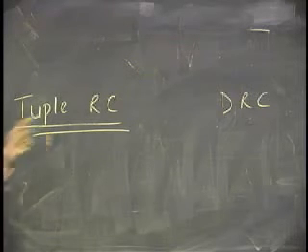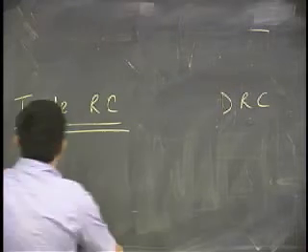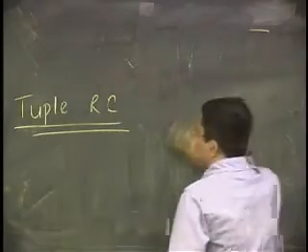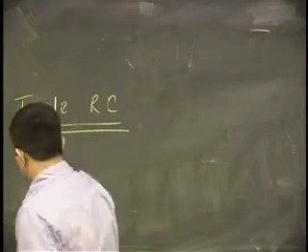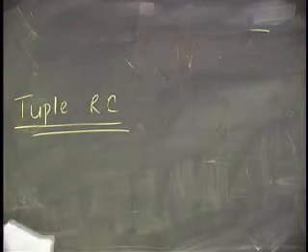Okay, so that was your question, right? Okay, so let us look at tuple relational calculus, and in this also, let me write the query. That is the best thing to do.